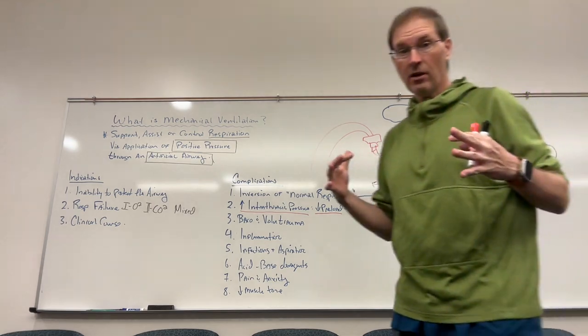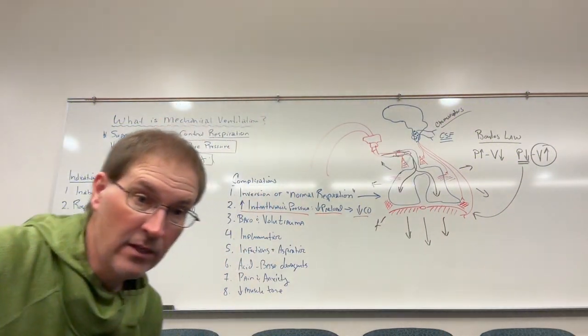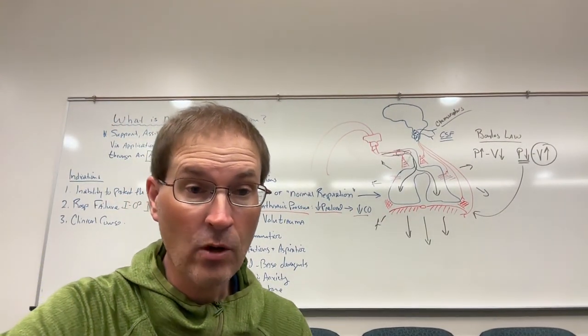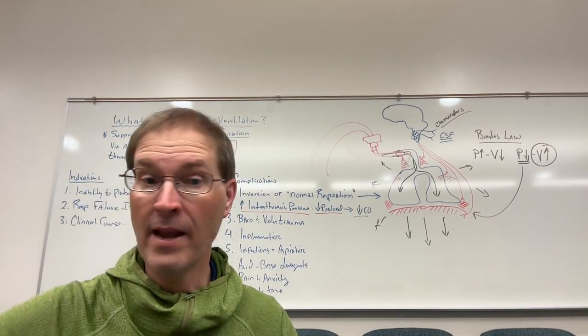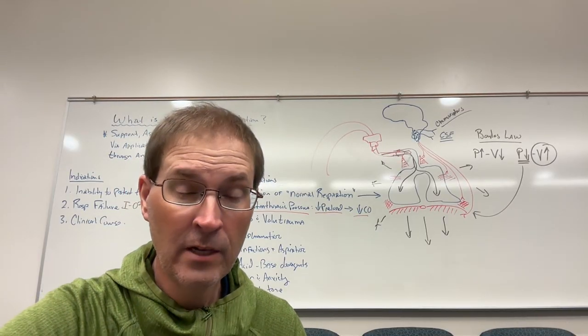So this is all to say that the initiation of mechanical ventilation is not without substantial complications and should never be taken lightly. We should never put somebody on a ventilator lightly.